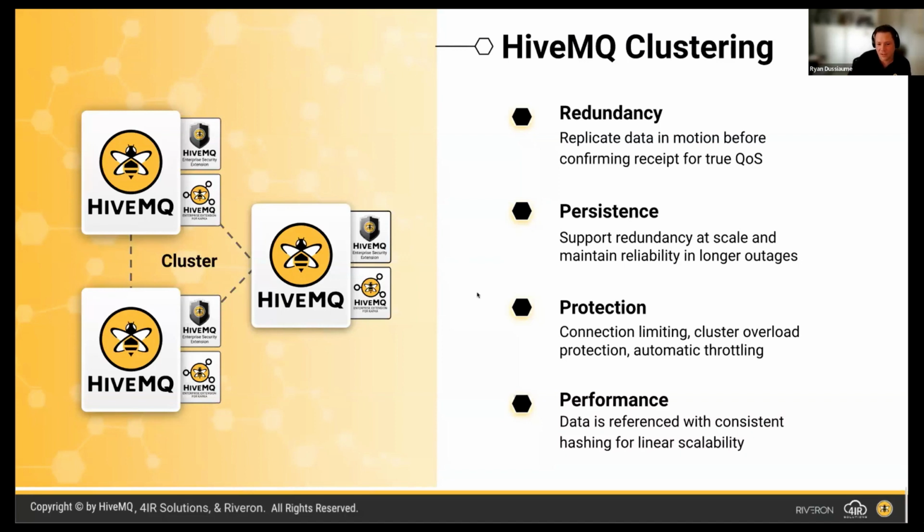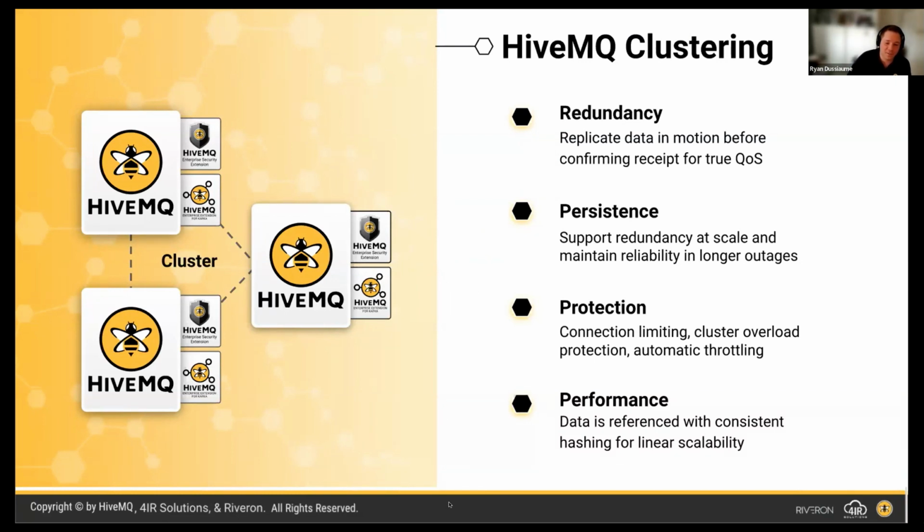Protection, doing things like connection limiting and cluster overload protection, throttling, protecting against connection storms when there are network outages. This is a big part of what makes that backbone super reliable. It's not going to fail in those kind of failure situations. And performance, being able to do this in a clustered environment and perform at scale.